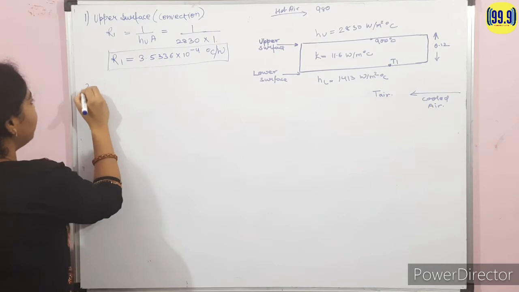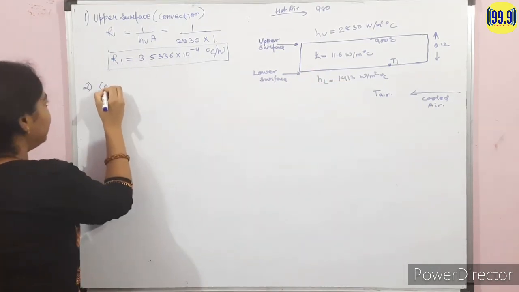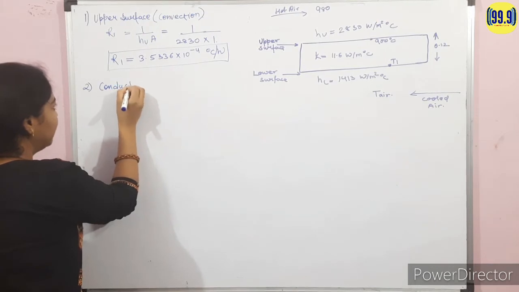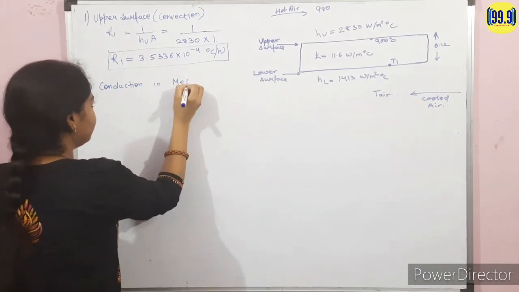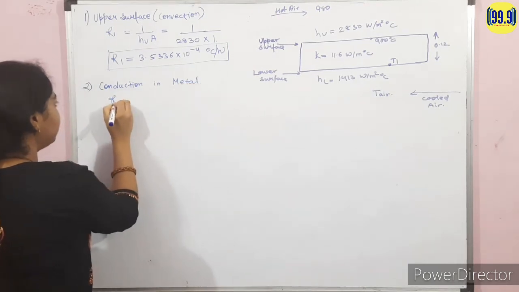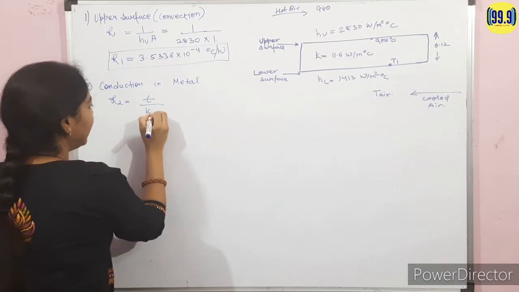Okay, then we find out the conduction mode, that is conduction taking place in the metal. So the resistance for conduction mode will be t upon kA.